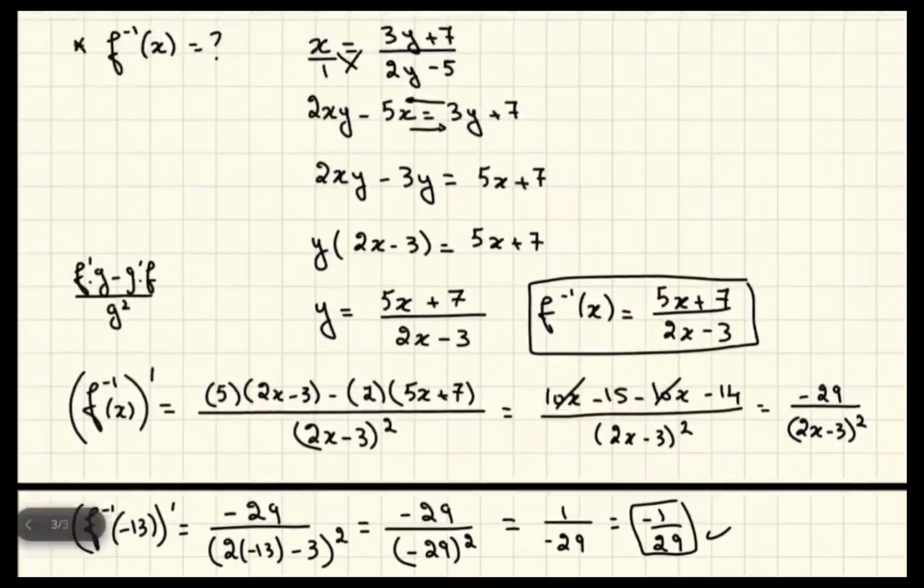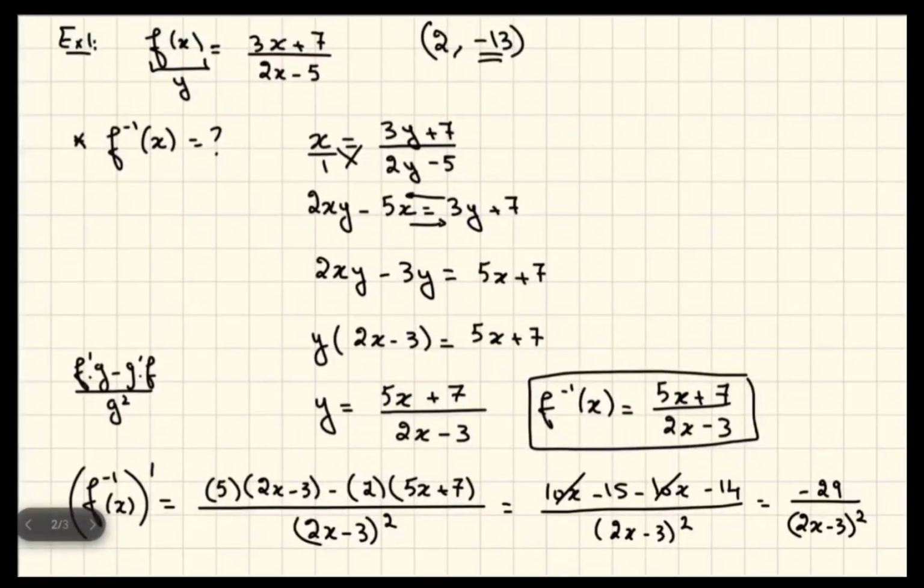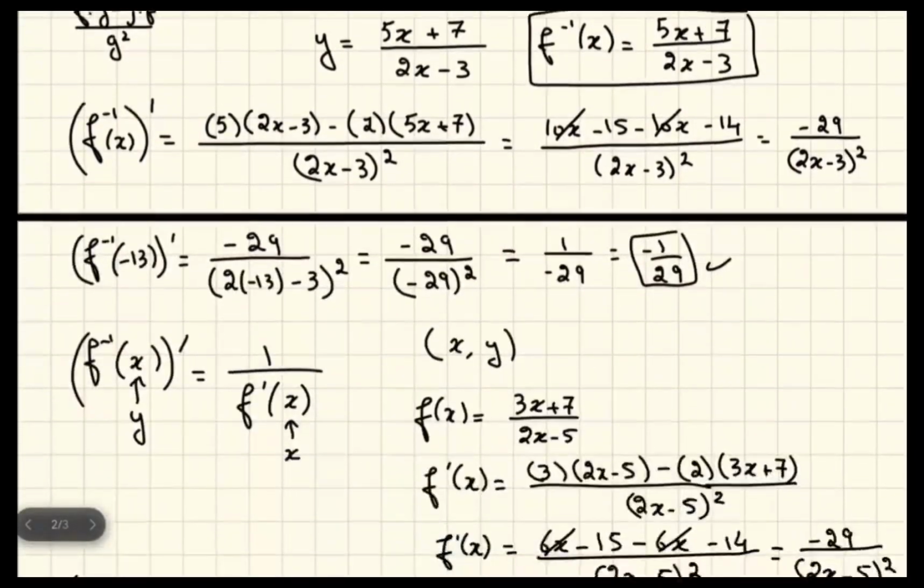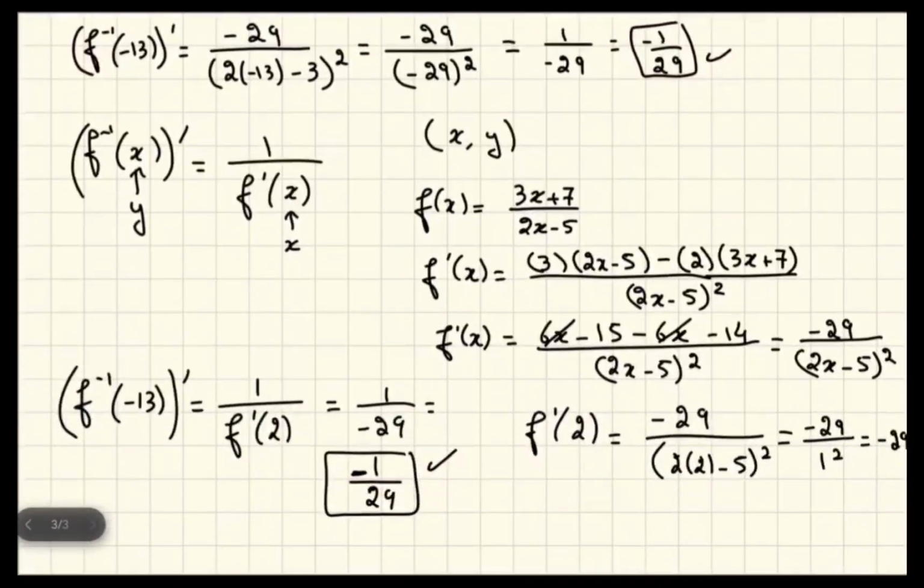So instead of doing the inverse function and then find its derivative and then replace, you can get the derivative of the function, replace the x value there. So to get the derivative of the inverse function at the y value of the point is 1 over f prime at the x value of the function.